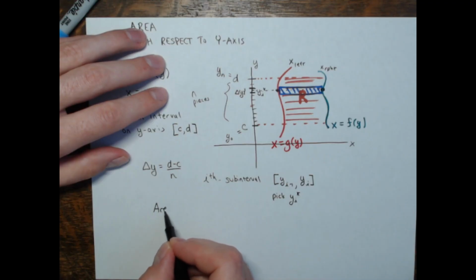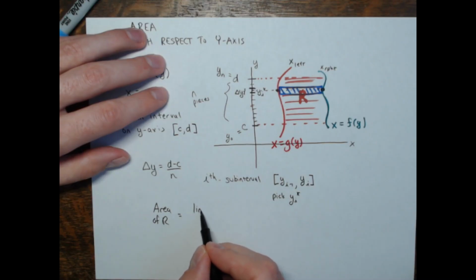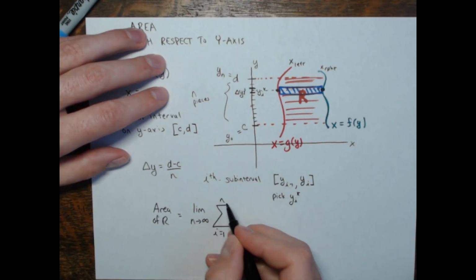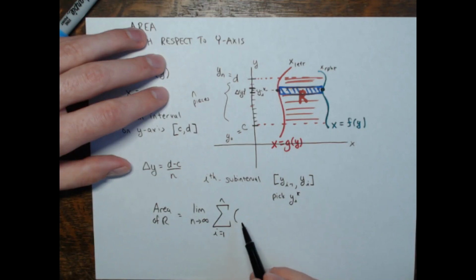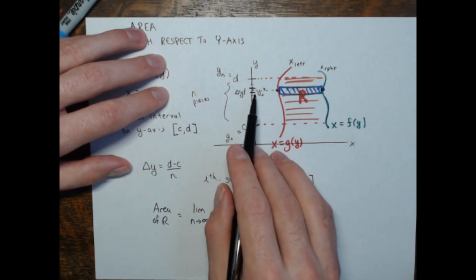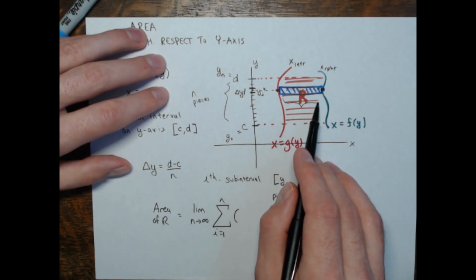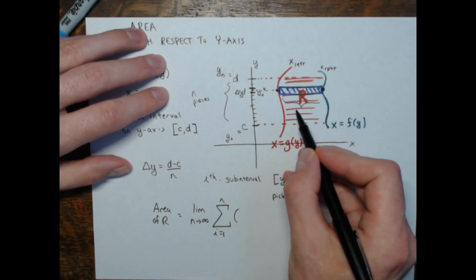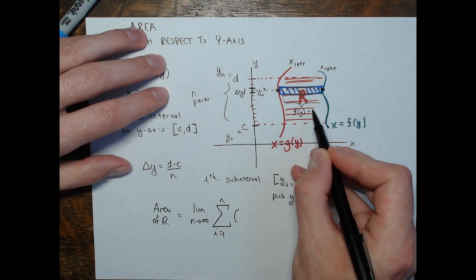So again, the area of R would end up being the limit as n goes to infinity of the sums of these areas, the first rectangle up to the nth rectangle, and it's the width across, which here would be f of y minus g of y.